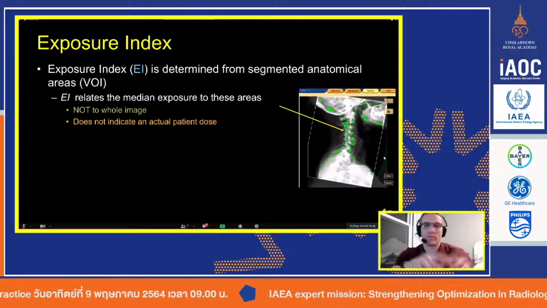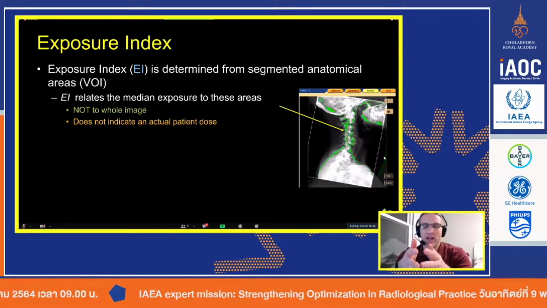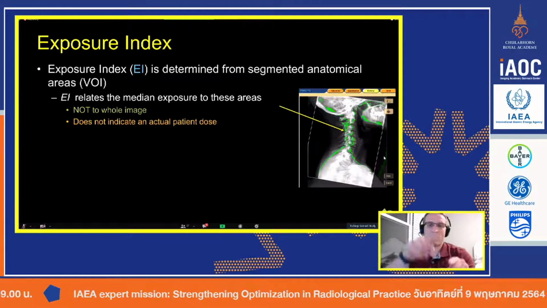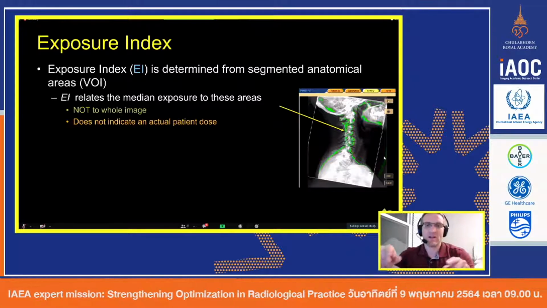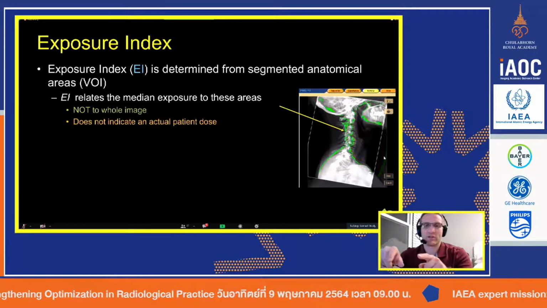Now, just a quick refresher: how does the system know where the bony anatomy is versus the soft tissue? Remember, the histograms are unique. A chest histogram will look one way. A C-spine histogram will look a different way.